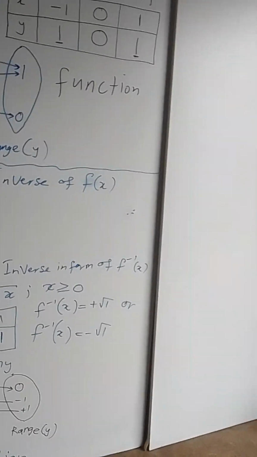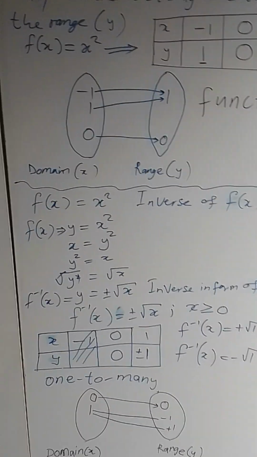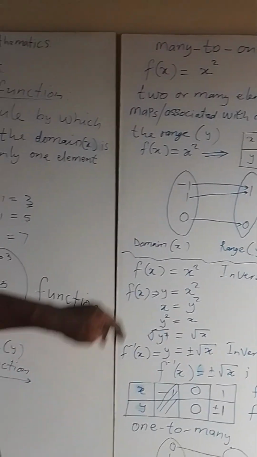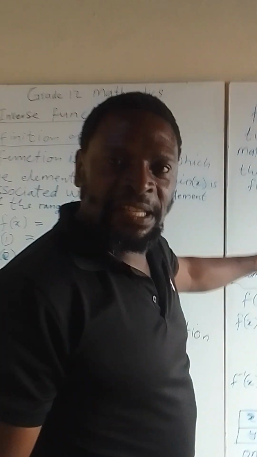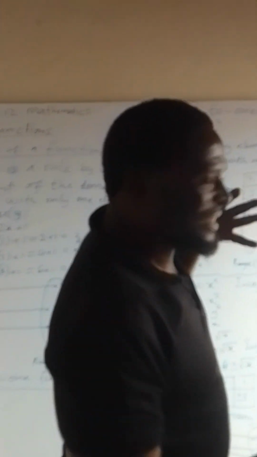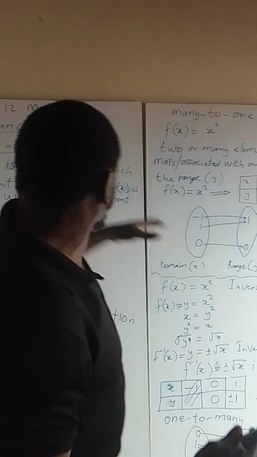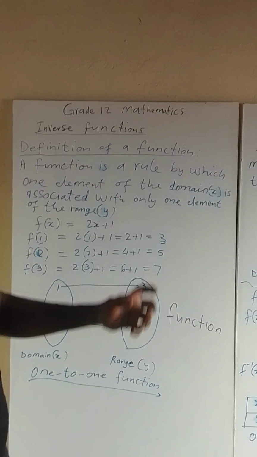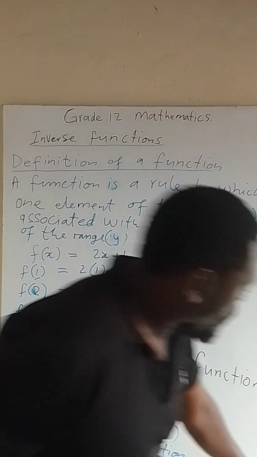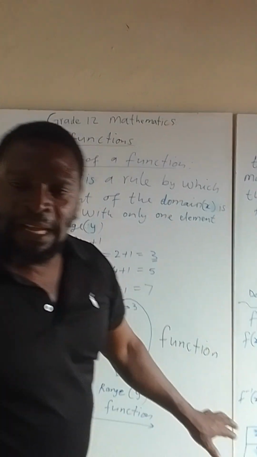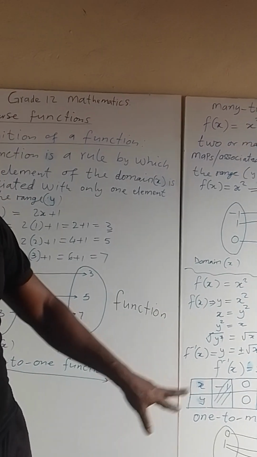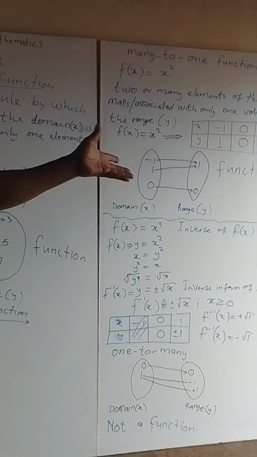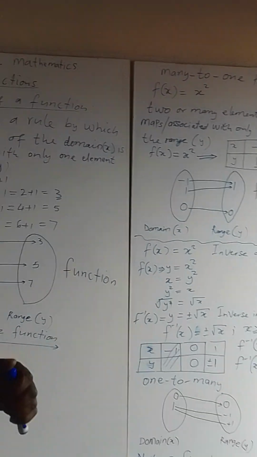Then we are going to explain it further in the next videos. For now, you can just go and practice this and understand what we mean by a function. You need to know the definition of a function. You must know why we say something does not qualify to be a function. So we're going to do the illustration with the few examples that we're going to grab in the next video.